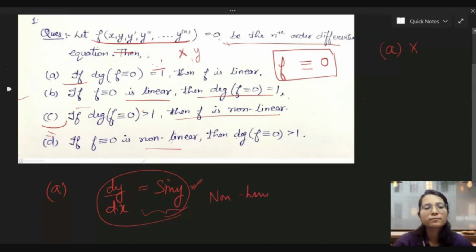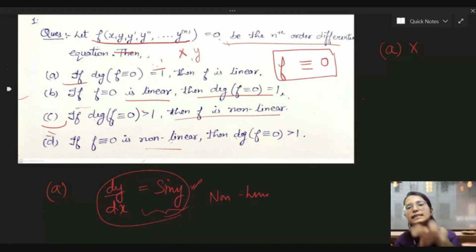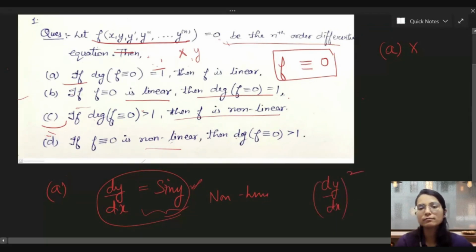Let me write here. Option B says if f equal to 0, which means the differential equation is linear, then degree equal to 1. Yes. Don't we say that the linear differential equations have degree 1? Because when we use the general form of a linear differential equation, we saw that you can't raise powers of 2 or 3 or something like that.